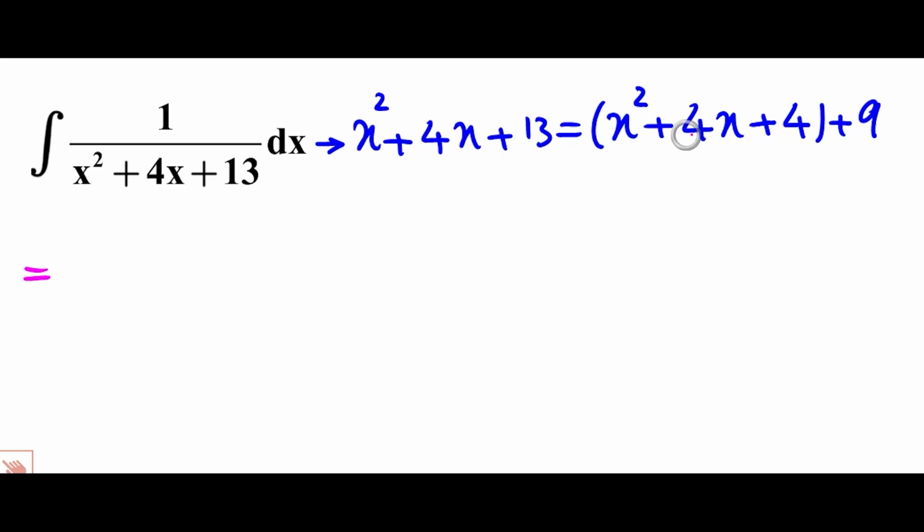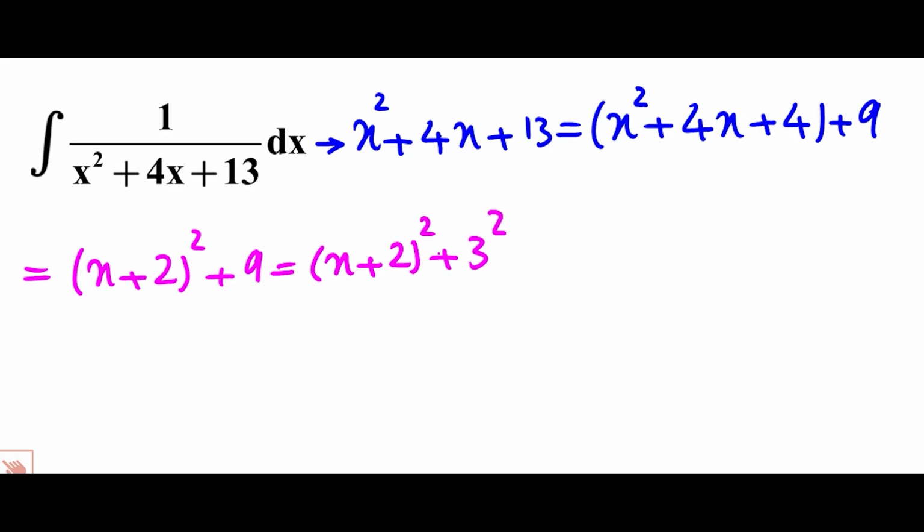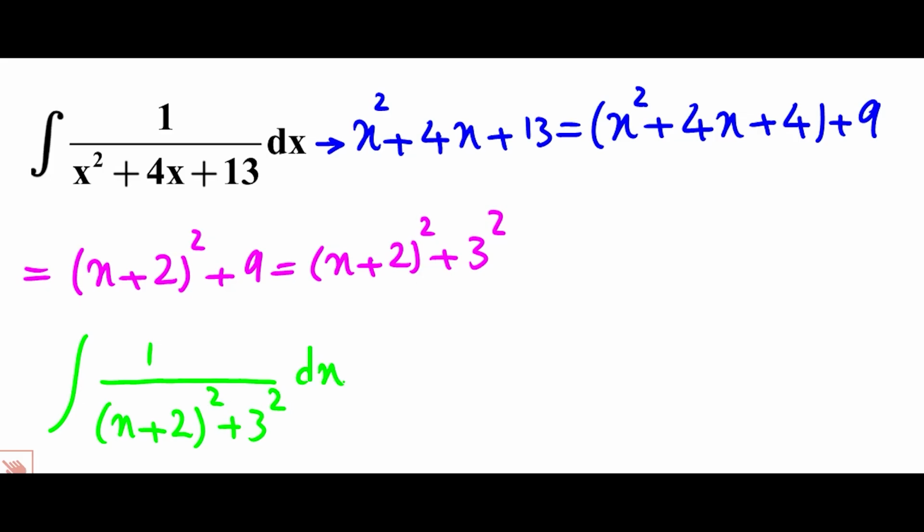So x squared plus 4x plus 4 equals (x plus 2) squared, plus 9, or (x plus 2) squared plus 3 squared, right? Now our integral becomes the integral of 1 over (x plus 2) squared plus 3 squared dx.